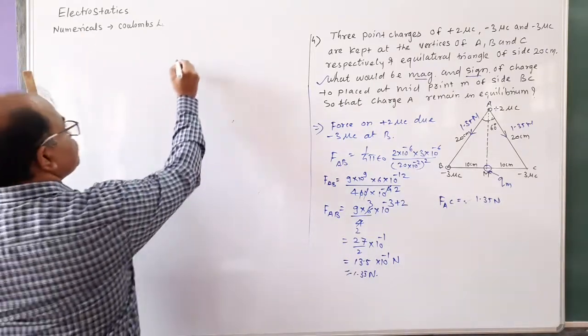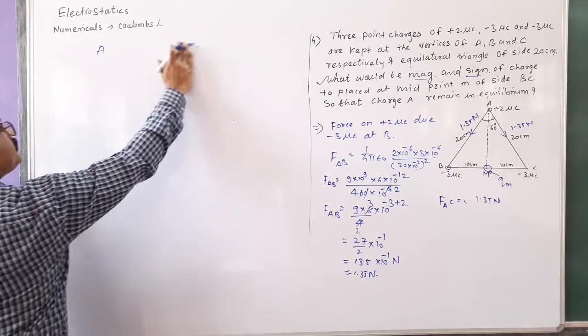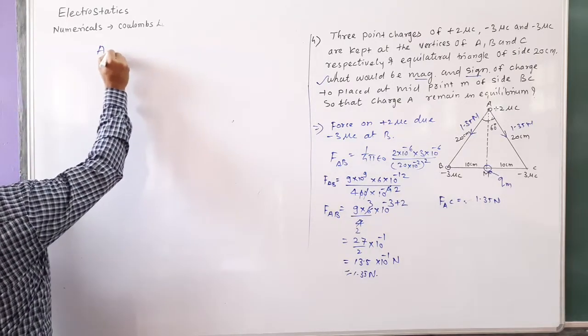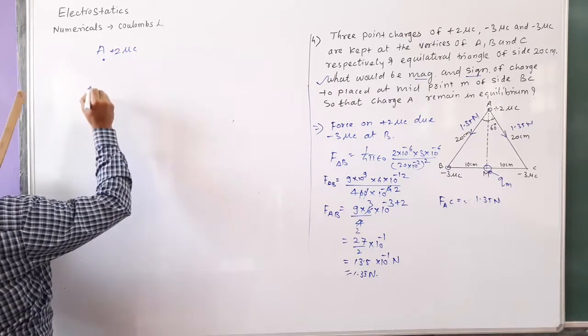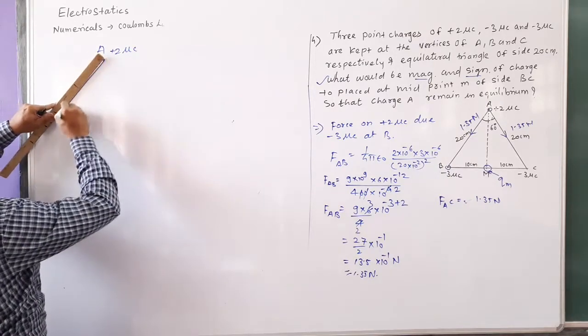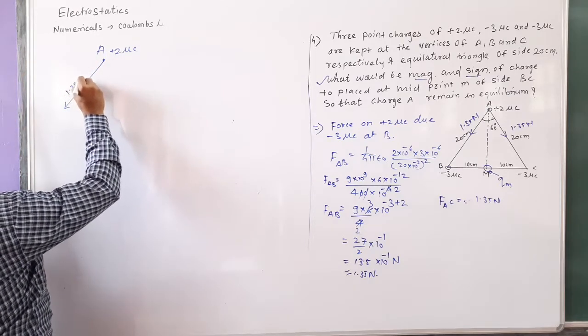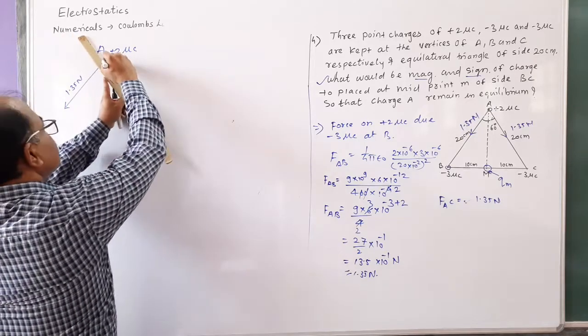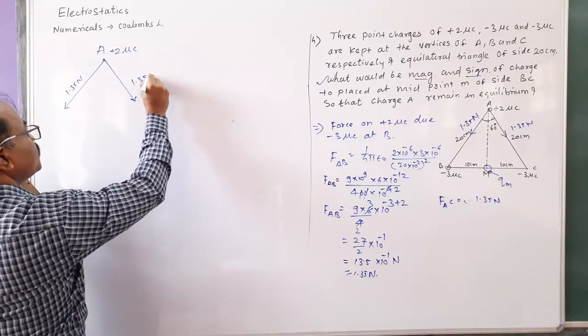So the third charge means the first charge, okay, A. The charge at A is 2 microcoulomb. It is positive, and it experiences a force equal to 1.35 Newton along this direction. Another experiences the force 1.35 Newton.